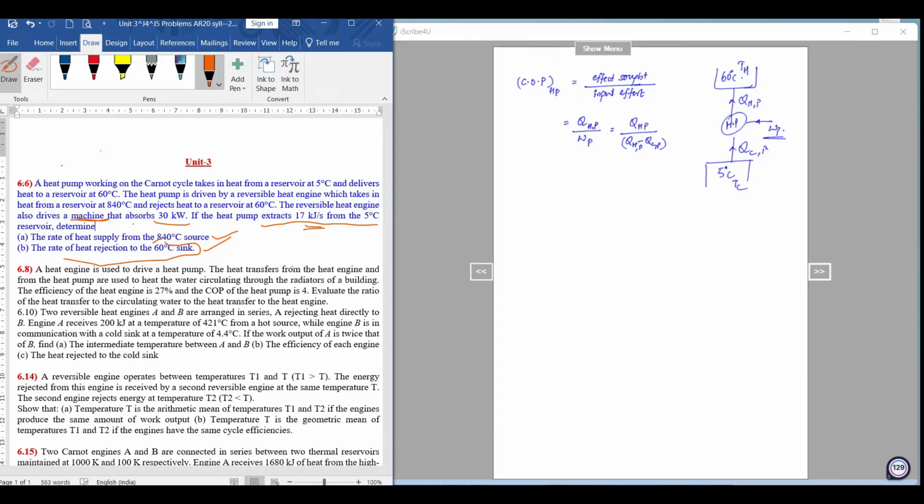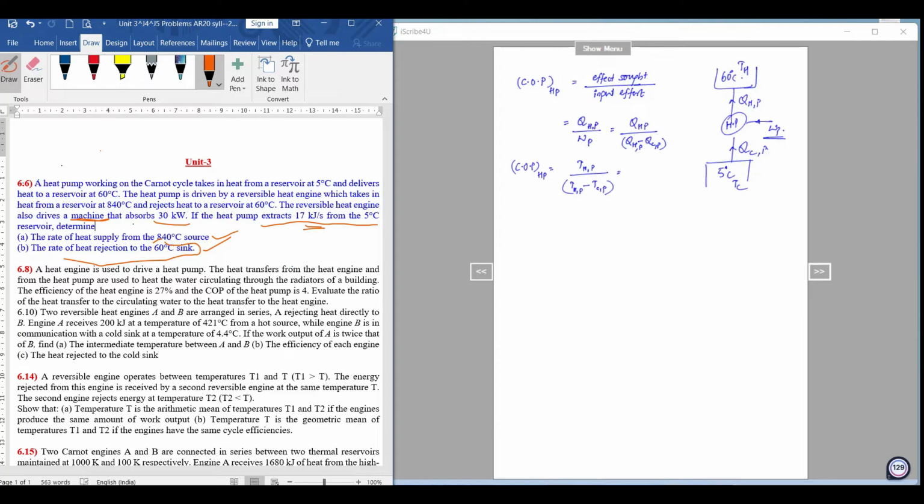Since this is a Carnot engine, it is operating on a Carnot cycle, I can write COP of heat pump equal to T of H comma P by T of H comma P minus T of C comma P, in terms of temperature. And these values are available to me, it is already given.